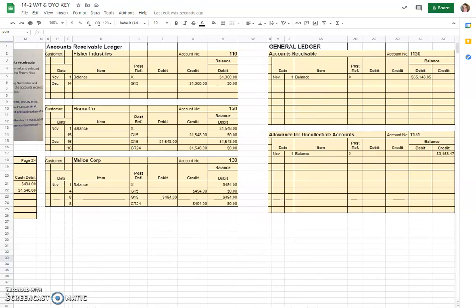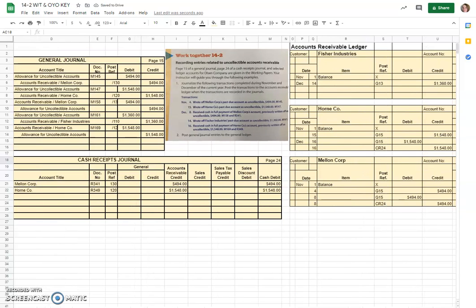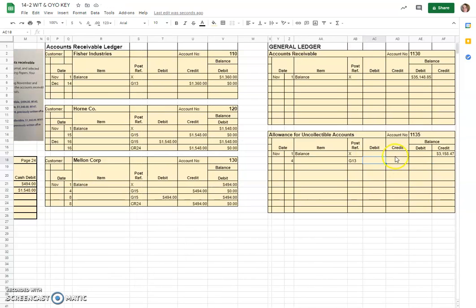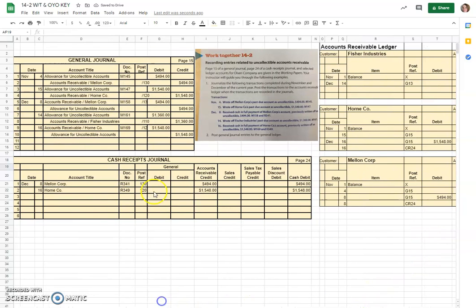So November 4th, general journal, I already forgot what page, 13 I think, and it was a debit for $494. So that would subtract from the credit balance, minus that, and 1135 is that account number now that it's posted.